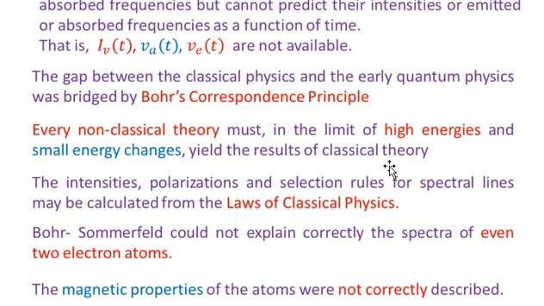For example, at very high energies, and when the changes in the energies of such a system are also very small, all the non-classical theories, for example the quantum mechanical theory, will yield the same result as the classical theory.